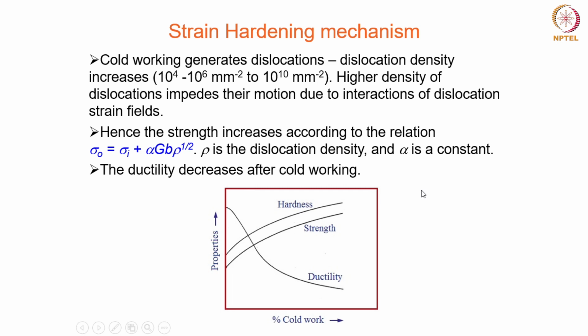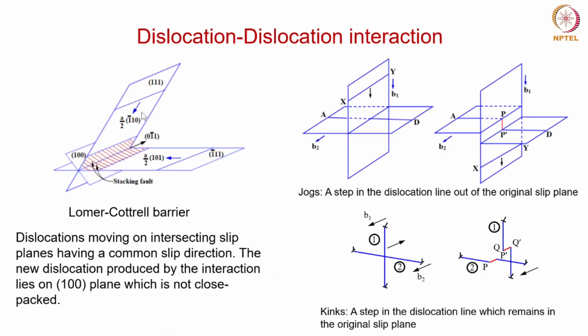For example, you can have a scenario like this where there are two intersecting slip planes. Let's say we are talking about an FCC crystal, and we know in an FCC crystal the slip planes are the 111 planes. So these are two intersecting 111 planes, as you could see from this figure.